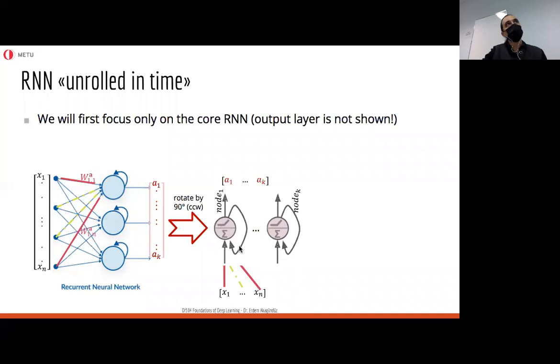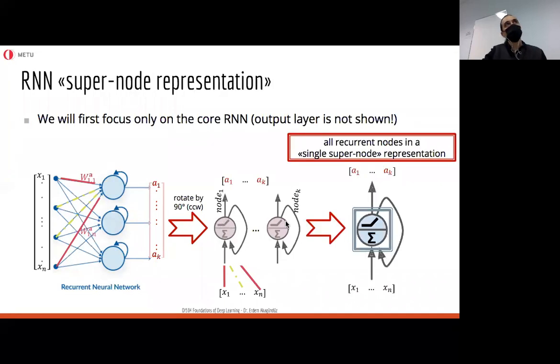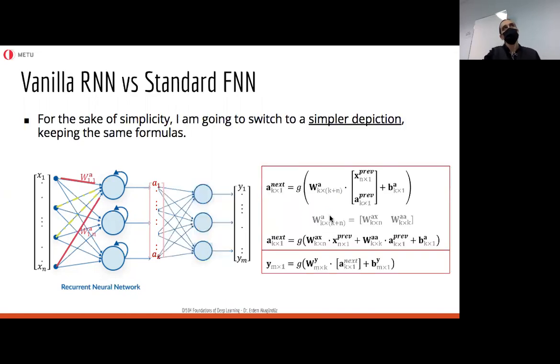And instead of using many nodes, I'm going to use a super node representation. So the vertical vector will be a horizontal vector fed to K nodes. This is a super node representation. It will provide me K nodes, and its recurrence. So that's why the formulation you had here will apply.